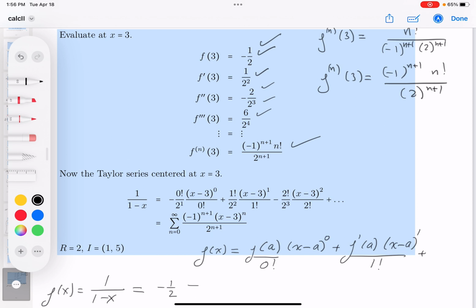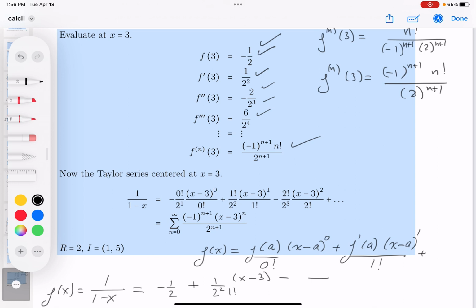The next one's going to be plus 1 over 2 squared, and then 1 factorial on the bottom, and then x minus, what's the a again? The a was 3, right? Let's put the next one down. I want to get a pattern to this, by the way. Let's take a look. Oops, stop, plus, it's minus, right?